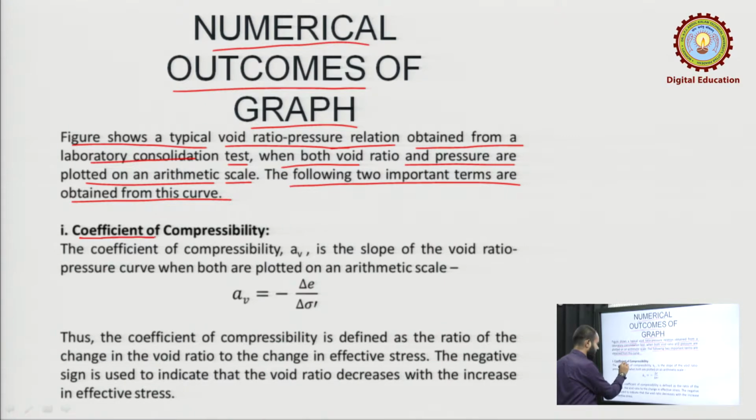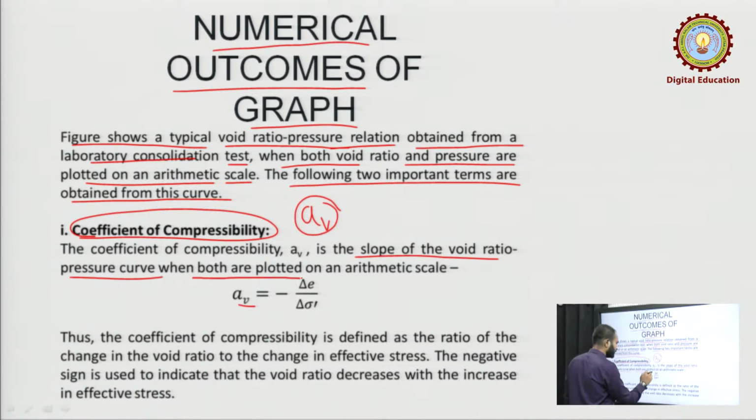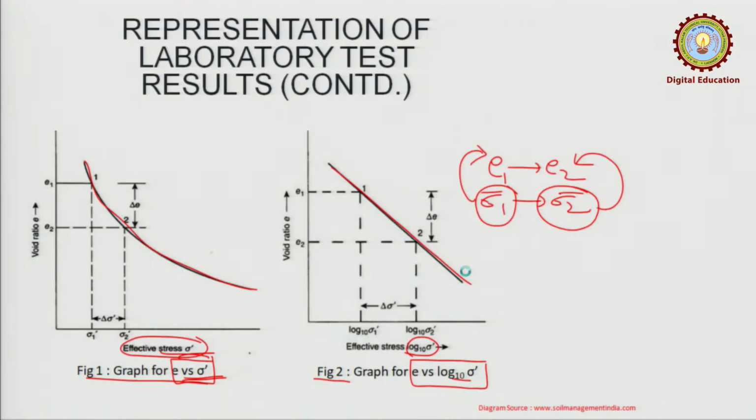So, coefficient of compressibility, this is one, represented by a_v. This coefficient of compressibility is the slope of the void ratio pressure curve when both are plotted on the arithmetic scale. What does this mean?